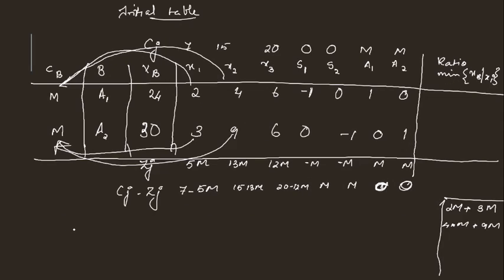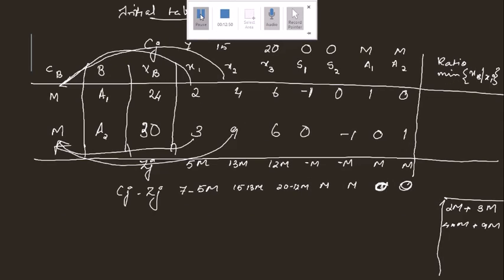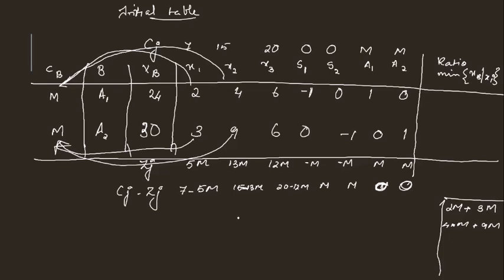Now let's have a look at that. In order to find out the key column, you have to find the largest Cj minus Zj value which is less than 0. That is the largest negative value that you can get for Cj minus Zj.